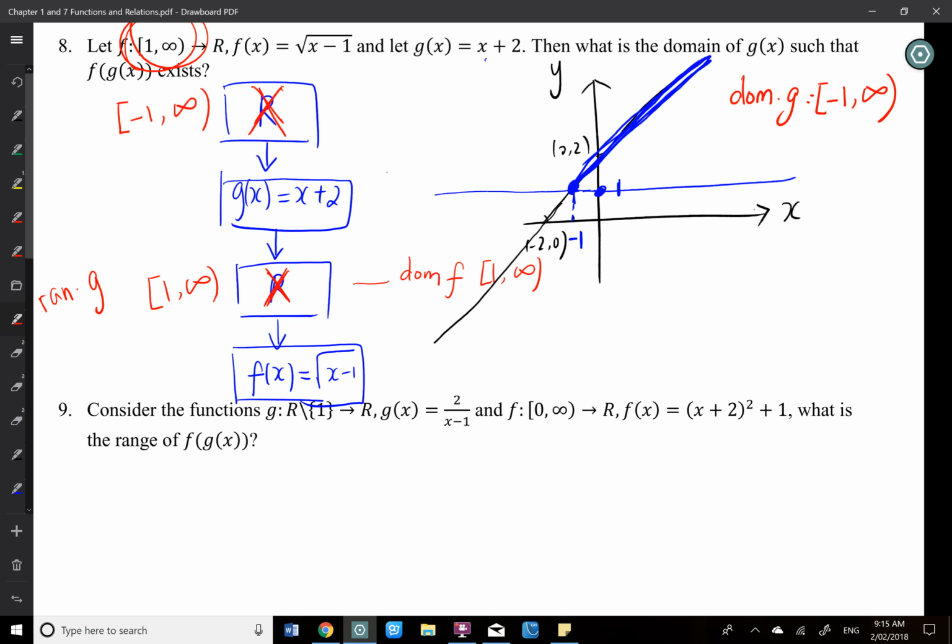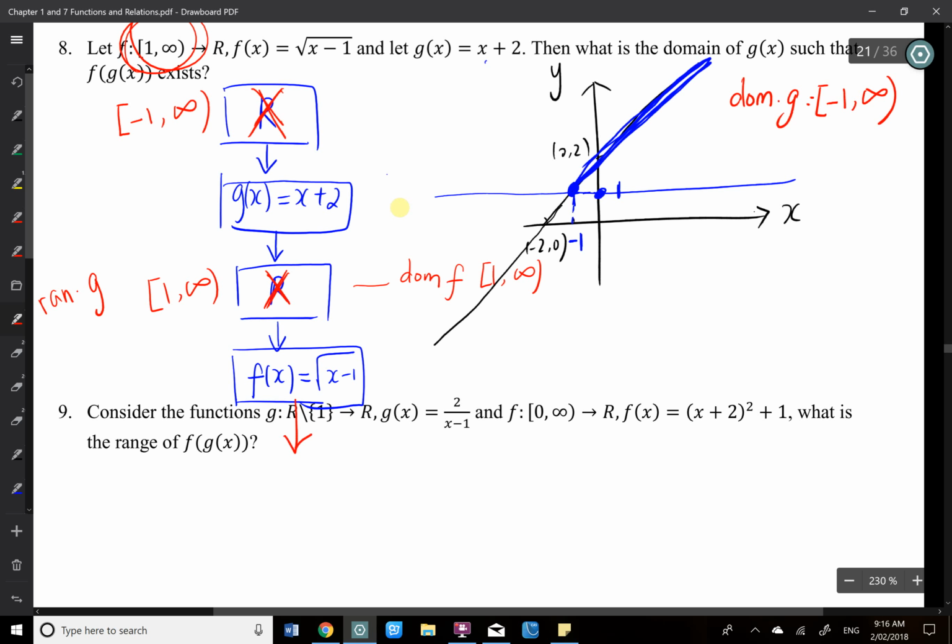So what is the range? 0 to infinity, 0 inclusive. That's the range of f(g(x)), which is 0 to infinity.